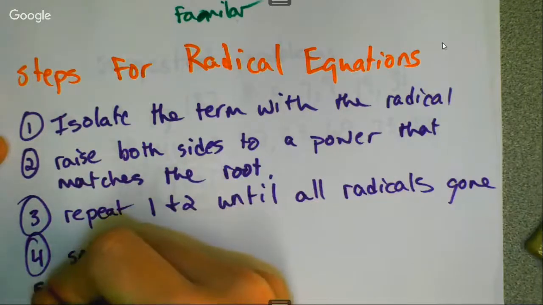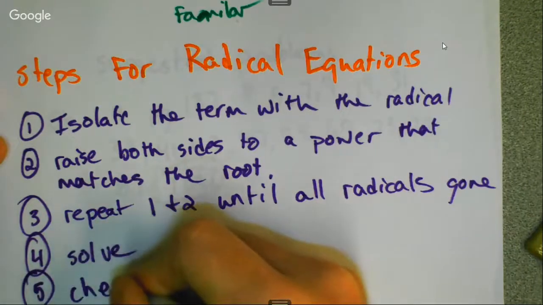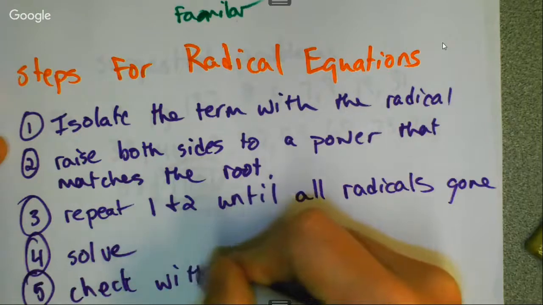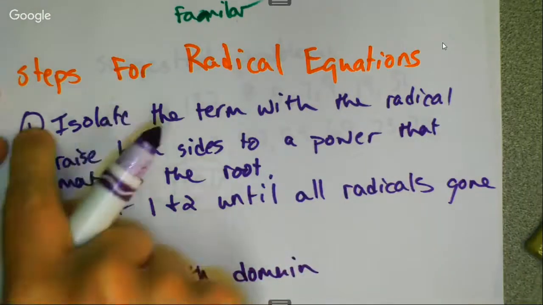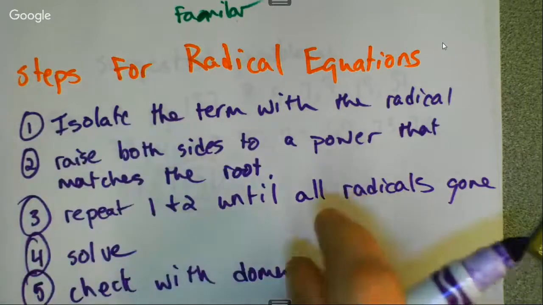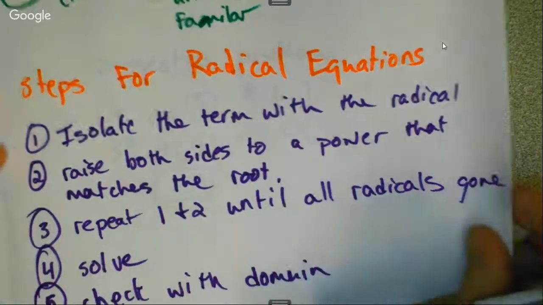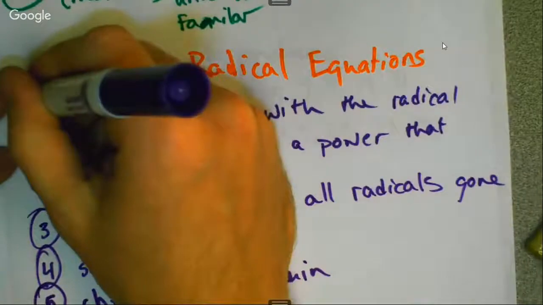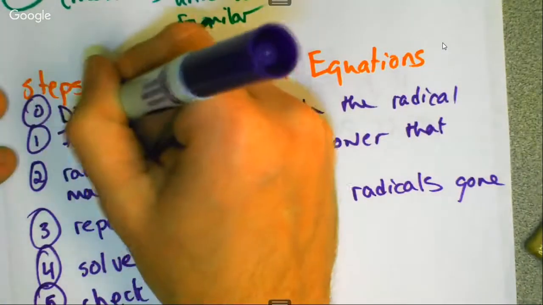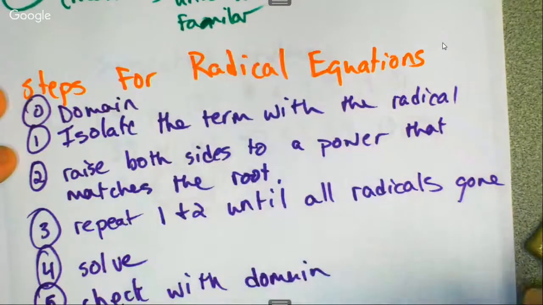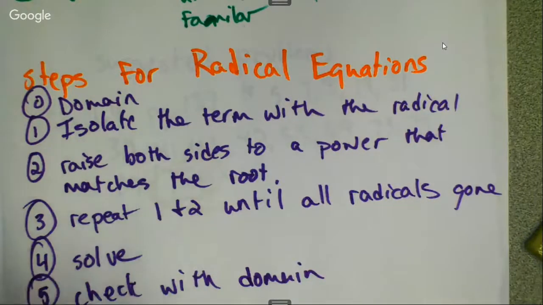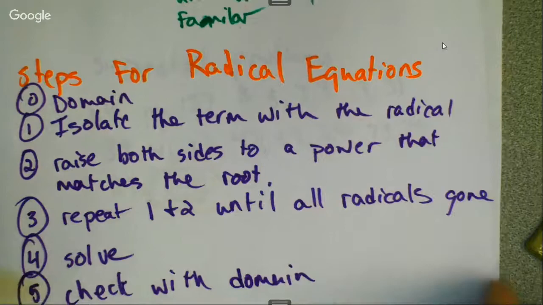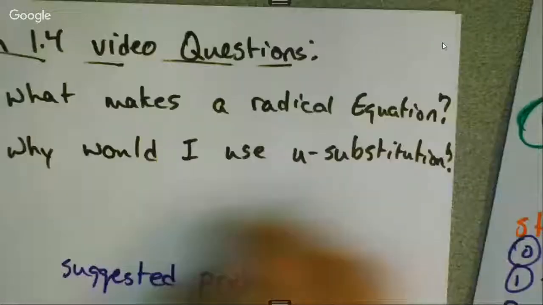And step 5, check with domain. Maybe before this, you would want to do a domain restriction. So step 0, domain. Okay, we've got to restrict that domain. So those are the steps for solving a radical equation. And like I said, we'll do some of those in class.